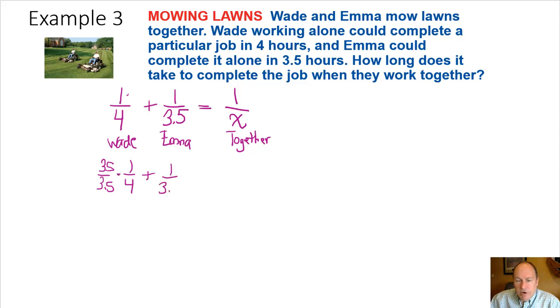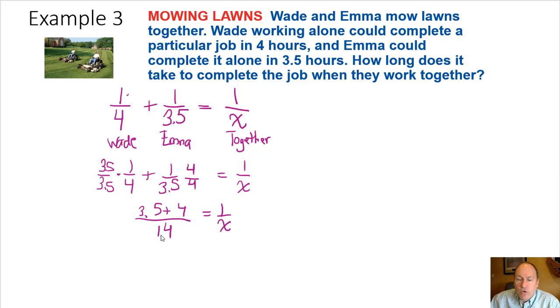And then the 1 over 3.5, Emma's portion, I'm going to multiply by 4 over 4, just to get that common denominator. I'm going to leave this as 1 over x. And so I get 3.5 plus 4 over the common denominator of 4 times 3.5, which is 14, is equal to 1 over x.